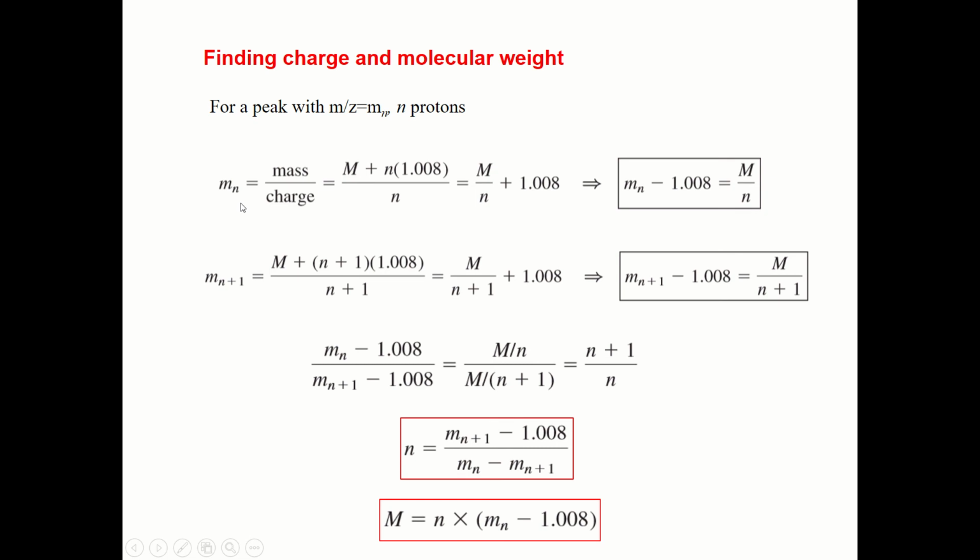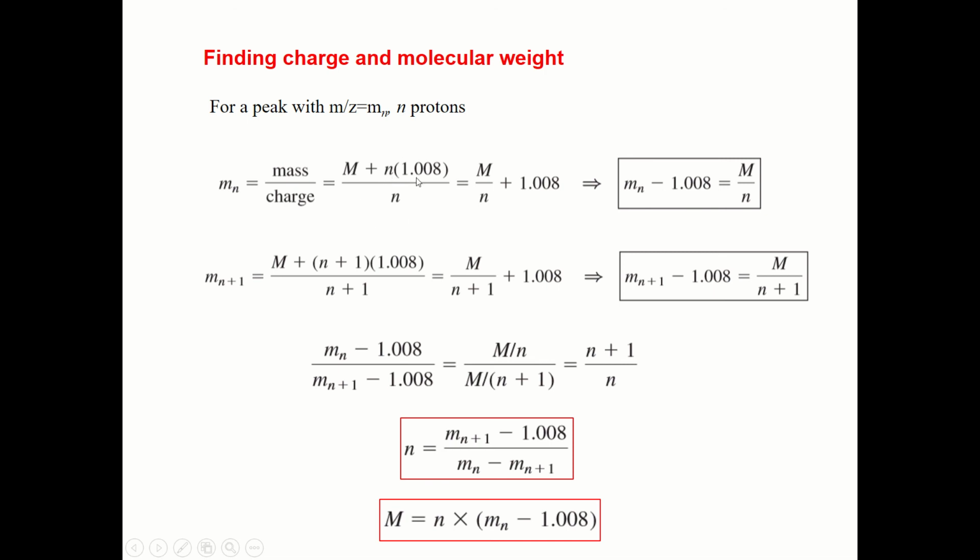M_n is the mass to charge ratio. This is mass divided by charge. Since it contains n protons, you have to divide by n. Also, to the mass you have to add the proton mass multiplied by n.